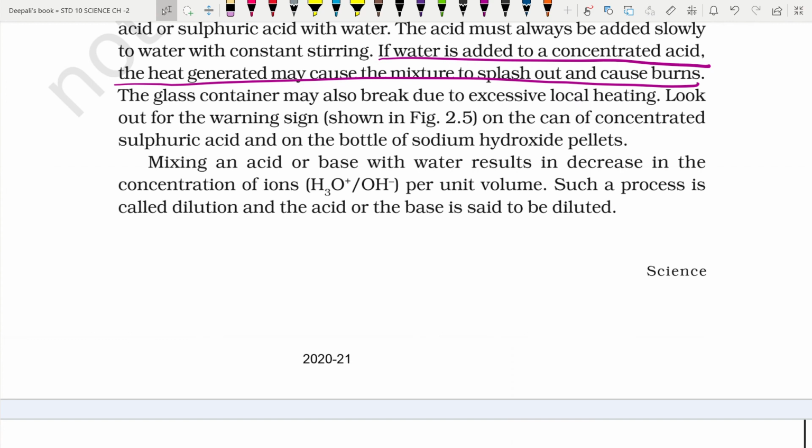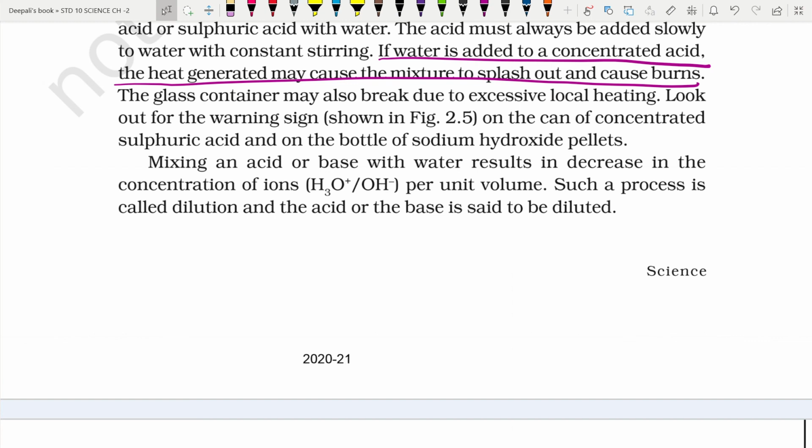So, concentrated HNO3 or H2SO4 is always added slowly to water with constant stirring, which results in a decrease in concentration of HNO3 and H2SO4, and the solution gets diluted. Now, why should an acid always be added to water to dilute it?